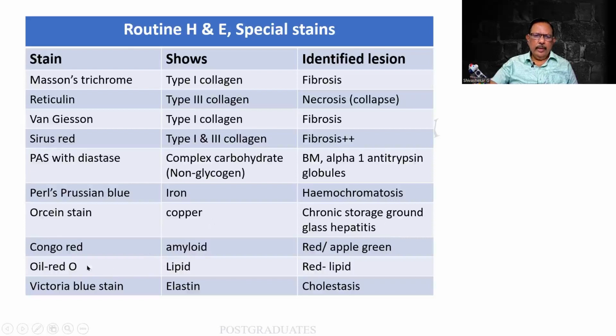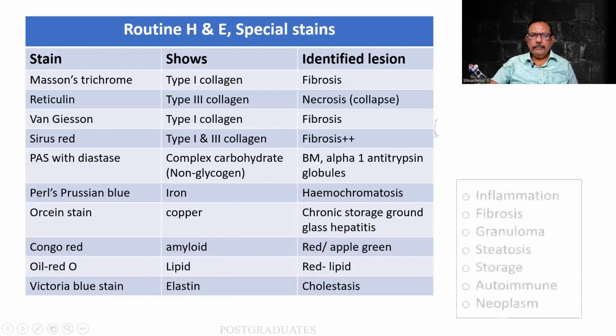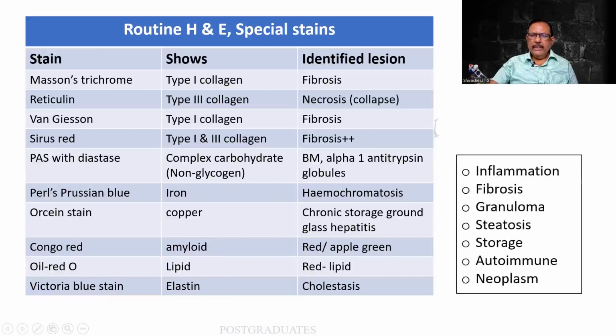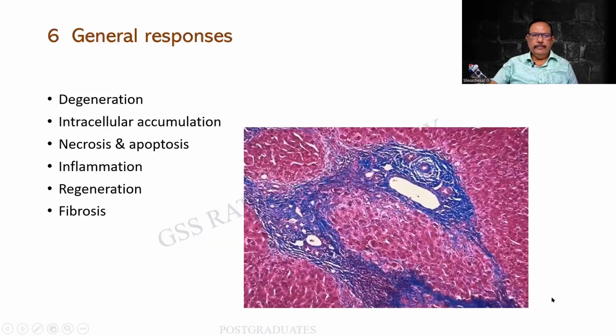Congo red for amyloid, oil red for lipid, and Victoria blue stain for elastin, cholestasis. So this particular table you shall and will memorize. Basically, these will be the pathology underlying it: inflammation, fibrosis, granuloma, steatosis, storage, autoimmune disorder, and pneumonitis.